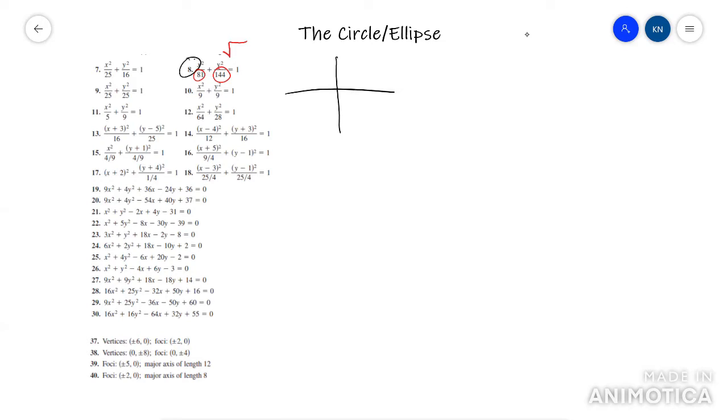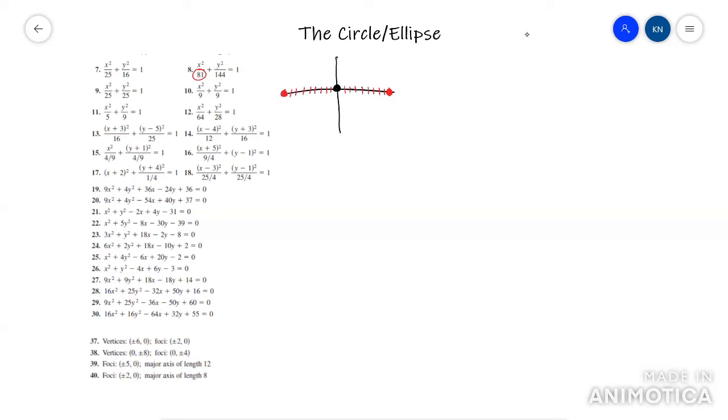So here's what I mean. Looking at number 8, for example, my center is at 0, 0 because there's no shifts near the x squared or the y squared. And this is an ellipse because these numbers are different. So on the x, the square root of 81 is 9. That means I go 9 to the right, 9 to the left.